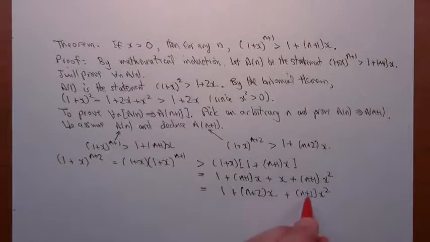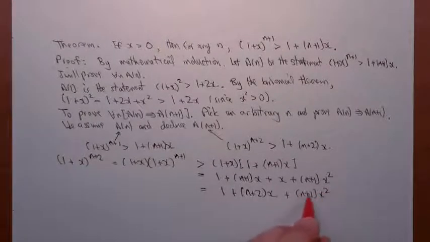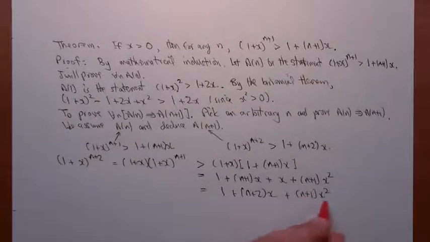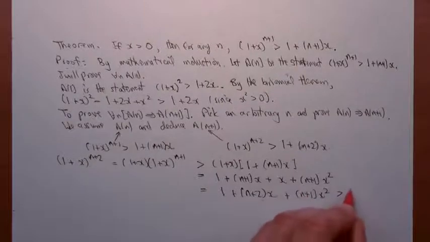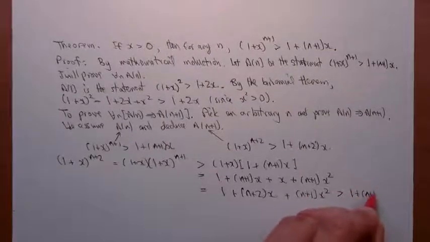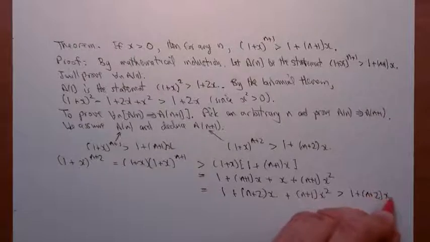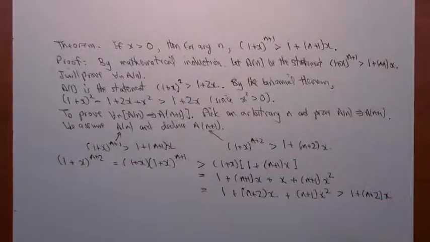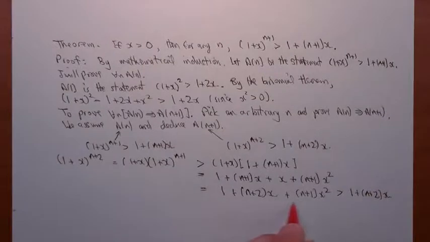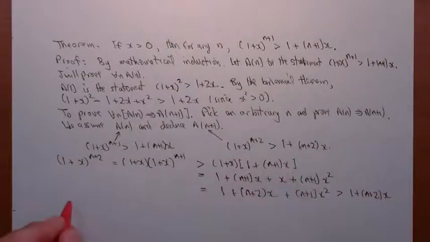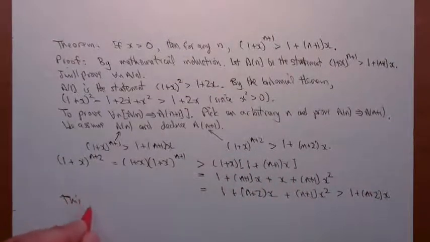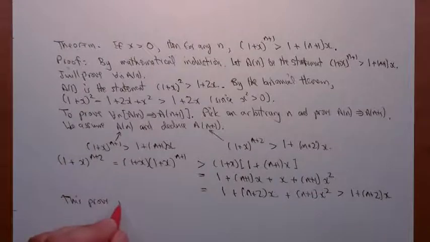And this is positive, so that expression is strictly bigger than 1 plus (n plus 2)x. And that part of it, the part here connected with this, is this. In other words, this proves A n plus 1.